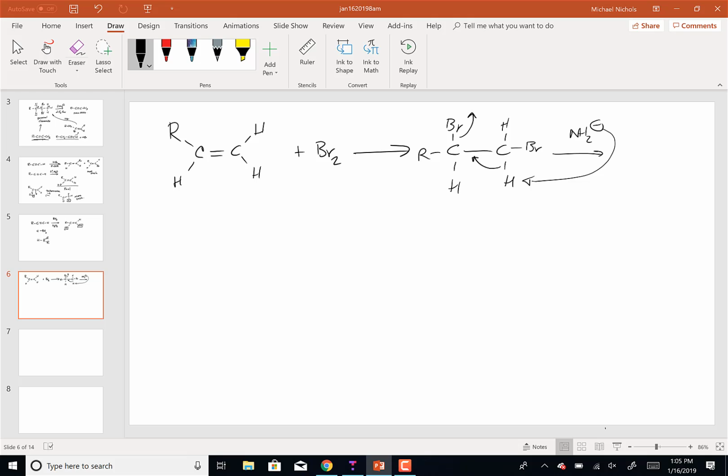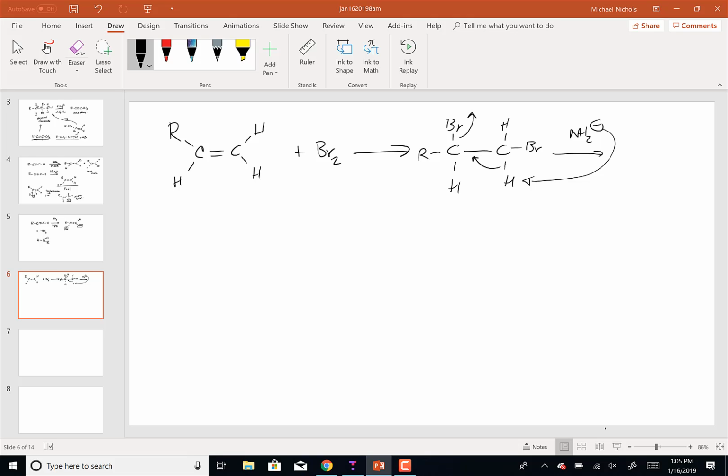Wait, so the bromines like that are still trans to each other? No. But what I had to do in order to do the second reaction is freely rotate around the single bond to put this hydrogen trans to the bromine. That's why this is an acyclic system: the bromines originally went in trans, but then there's free rotation.